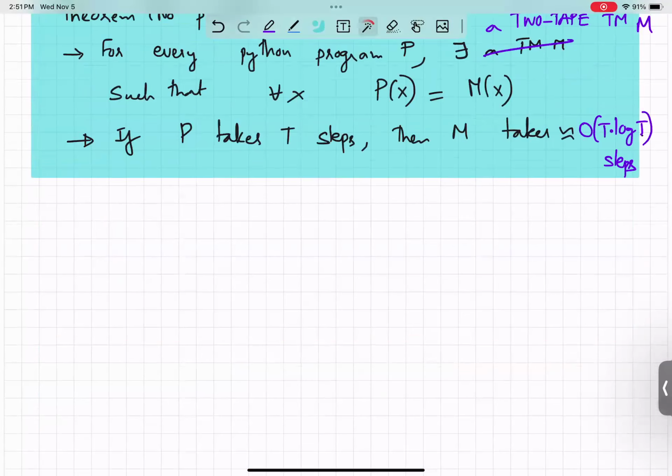What else? Think of other ways of powering up the model. Any suggestions? Well, you allowed multiple tapes. Why don't I allow multiple heads on the same tape?